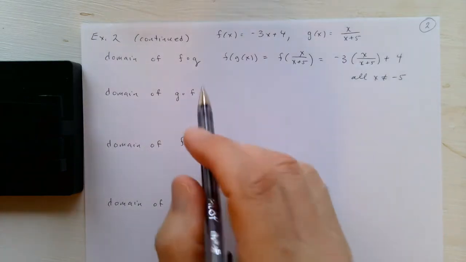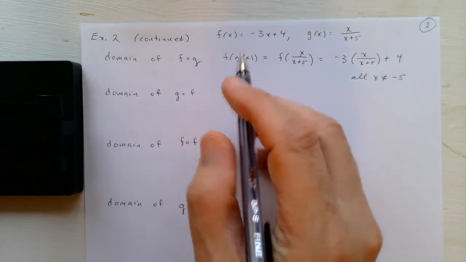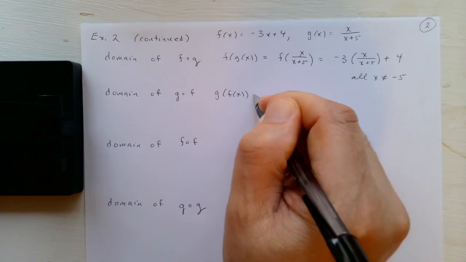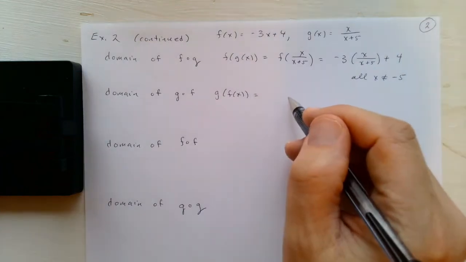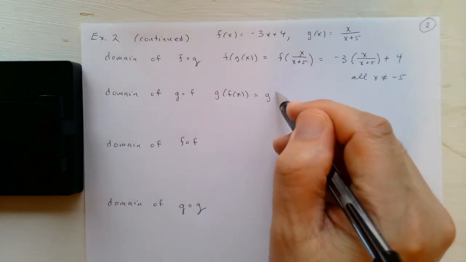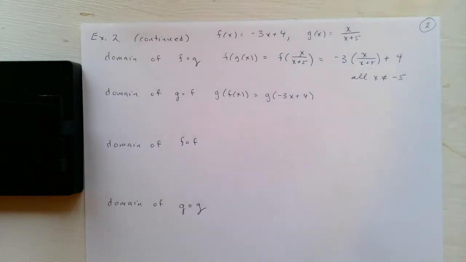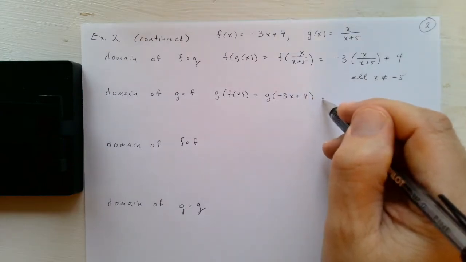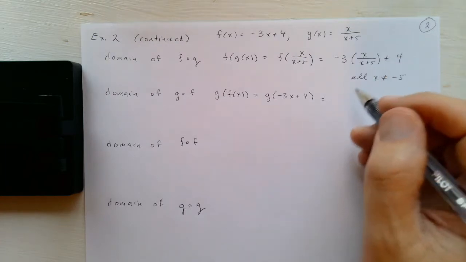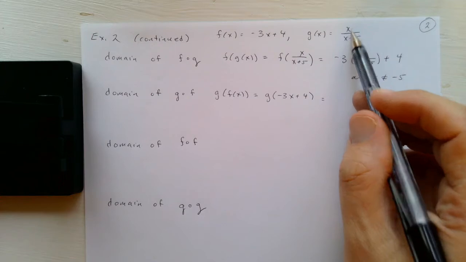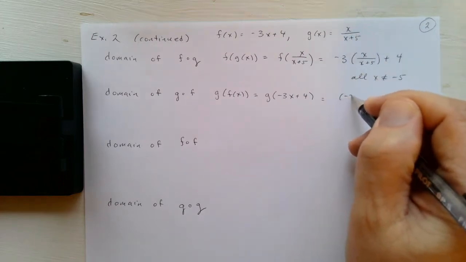If we go on to g composed with f, this is g of f of x. And this is going to be g of negative 3x plus 4, so now we replace x with negative 3x plus 4.